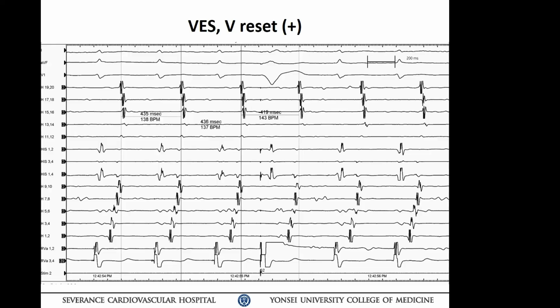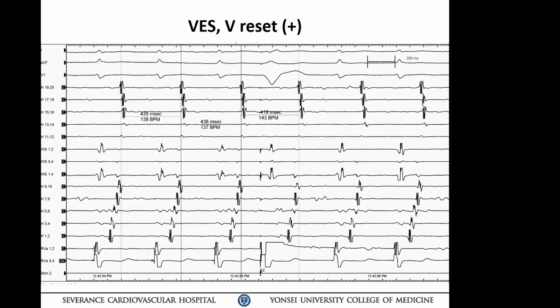But if this tachycardia is really AVRT, this reset can advance the next ventricular activation. So checking whether the VV interval is constant or changed may give us an important finding.